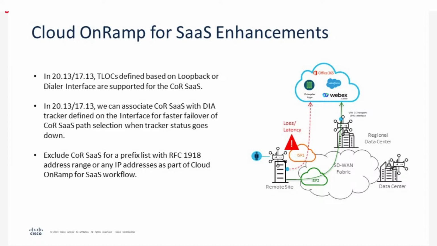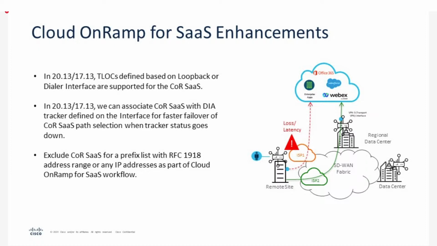So with the 20.13 release, three problems are resolved. Now you can configure cloud on-ramp for SaaS on your loopback or dialer-based TLOC interfaces. When it comes to DIA, the DIA tracker can now be associated on the DIA interface for a faster failover of your cloud on-ramp SaaS path.